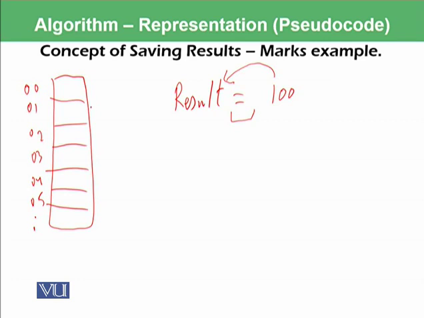Result is the name of a particular memory location. So for example, result is memory location 01, and when you write this statement, result is assigned the value, which means it is saved over here. So this is the basic notation of assignment to represent a pseudocode.